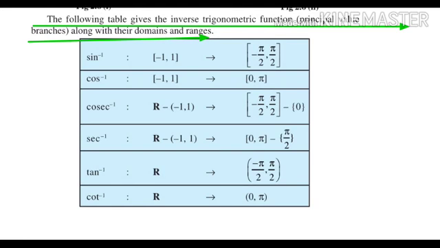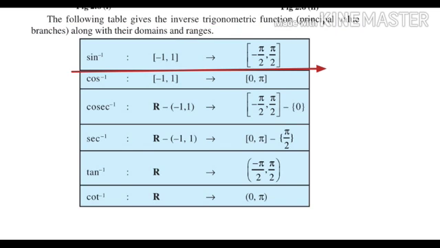The following table gives the inverse trigonometric function principal value branches along with their domains and ranges. Here you can see sine inverse domain is minus 1 to 1 and range is minus pi by 2 to plus pi by 2. Similarly, cos inverse domain is minus 1 to 1 and range will be 0 to pi.